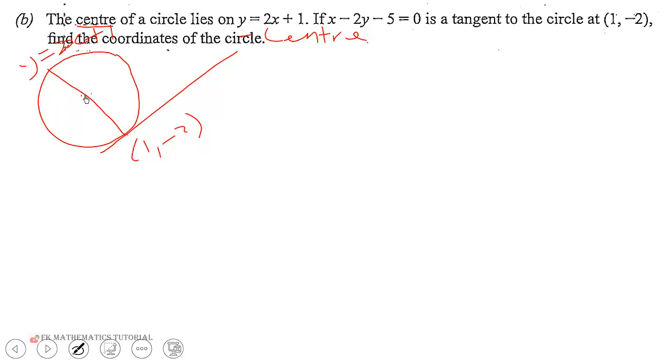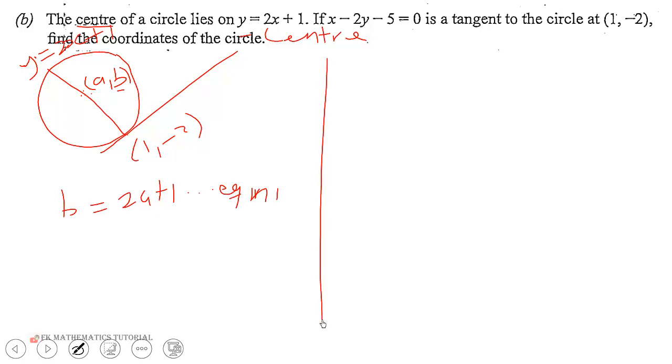So let's say that the center of the circle is AB. Then it must satisfy the equation of this line. So the y is the b, so b is equal to 2a plus 1. We can call this equation 1.